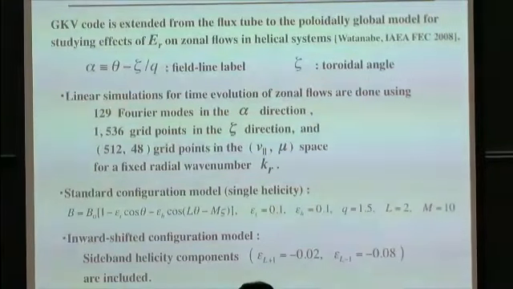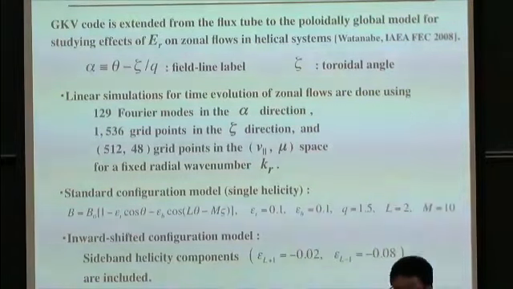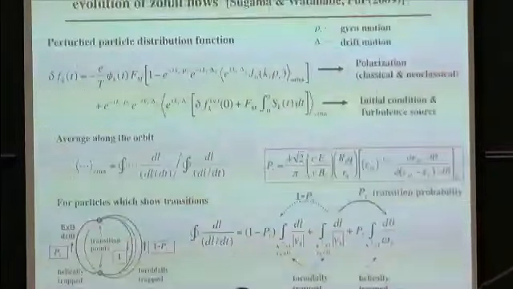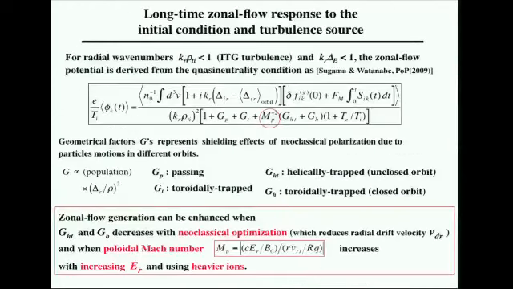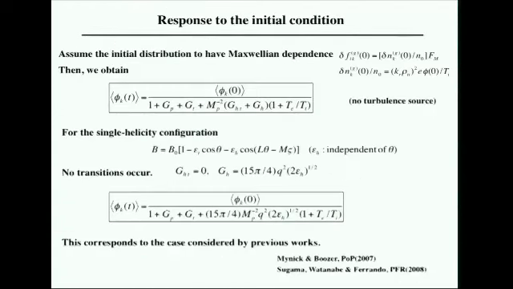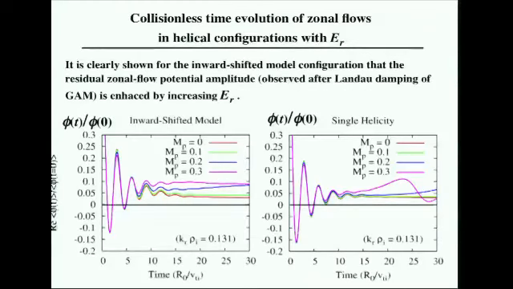And in order to check the poloidal rotation by E cross B drift, we need poloidally global or whole magnetic surface simulation. And Watanabe-san has done this by extending the GKV code to the case of poloidally global simulation using many mesh points, even for linear simulation. And this is the result.